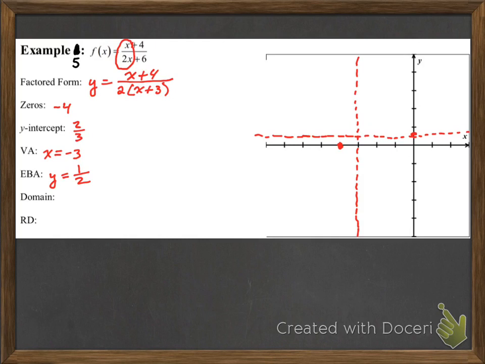All right, so we do not have any factors that cancel, so therefore there is no removable discontinuity, which means our domain is going to be from -infinity to the only discontinuity we have, which is at -3. That's our vertical asymptote. And then union -3 to infinity.